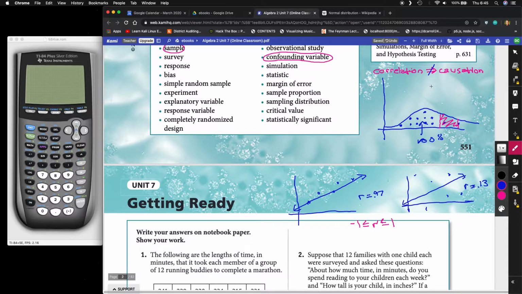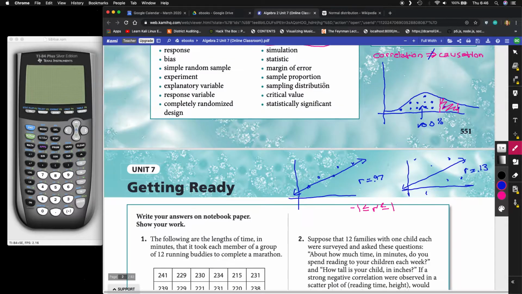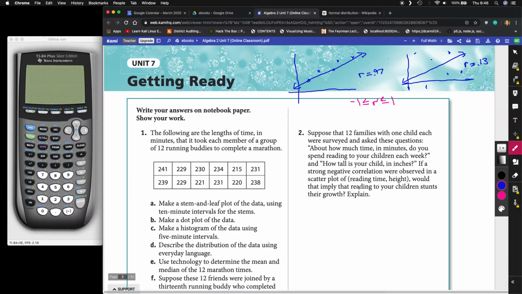But it is extremely difficult to jump from just a correlation to showing that something causes something else. Okay, so just keep that in mind. Anyway, a little bit off topic there because we're not going to talk about these values in this particular unit, but they are linked.